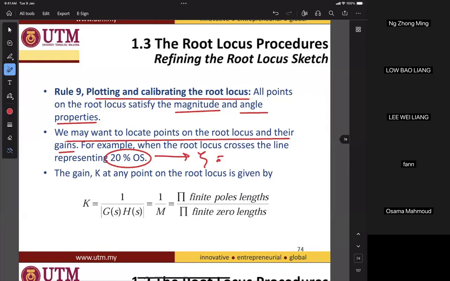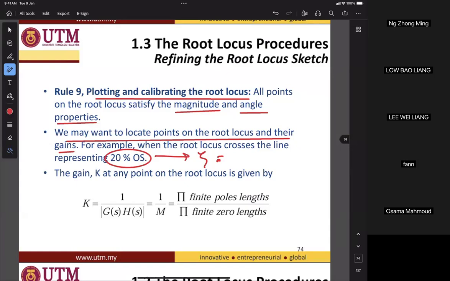Can you give me the value of zeta when overshoot is 20%? Use the second graph. I think 20% is about 0.46.